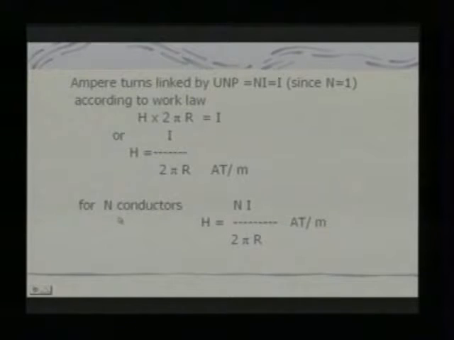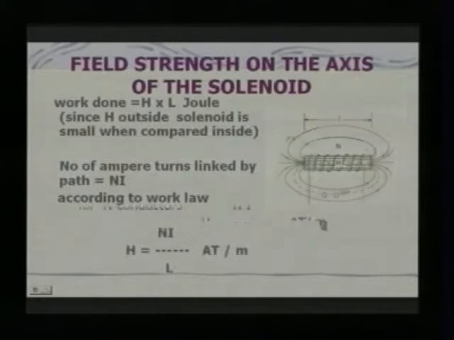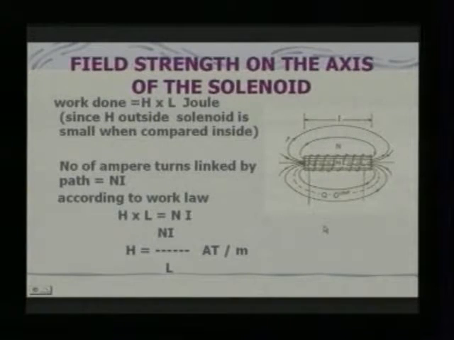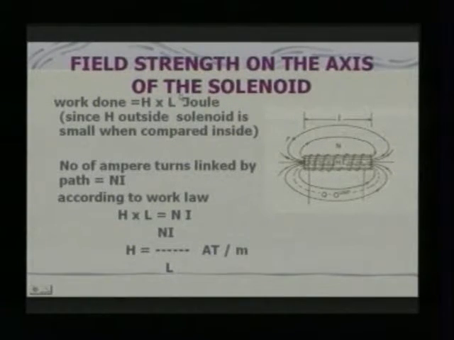Suppose there are n conductors enclosed by the unit north pole, then H is equal to N I by 2 pi r ampere turns per meter. Now, we will apply the work law to calculate the field strength on the axis of the solenoid.